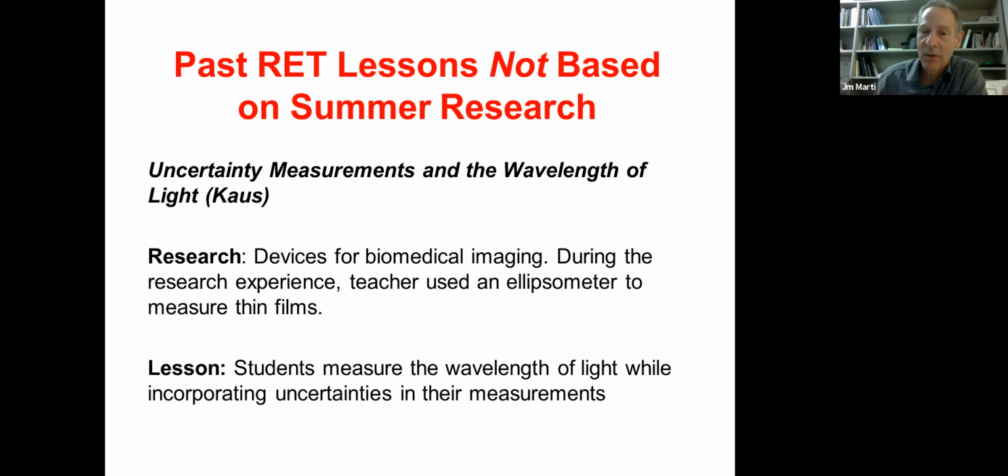And also incorporating uncertainties in their measurements, which is a key part of measurement science, and sometimes not appreciated by students who just say, what's the answer? What's the single answer, without a consideration of plus or minus a certain uncertainty.